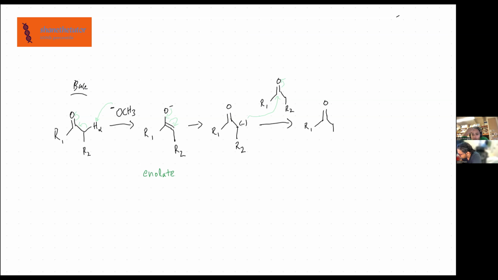So I would draw the oxygen, and attach that to that R2. Okay, it should look something like this.